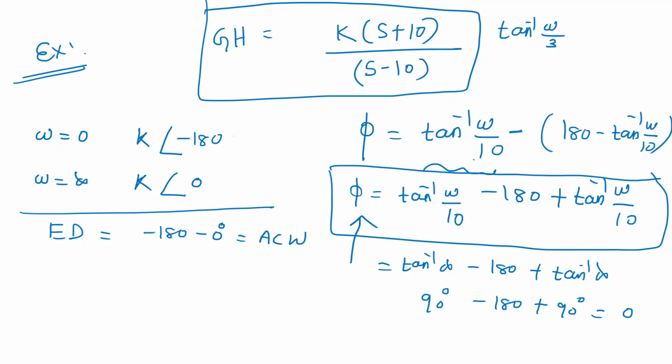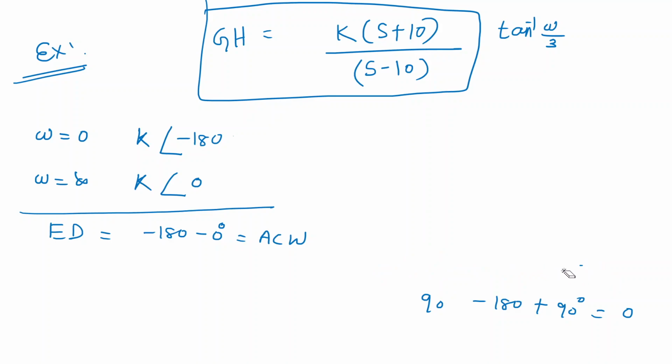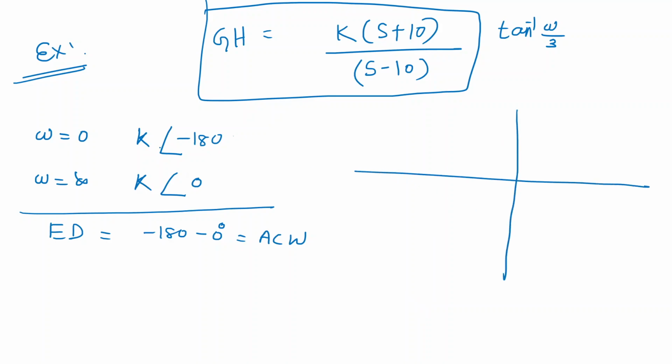If it is anti-clockwise, then you draw the polar plot. You have to start at omega equal to 0 here, because minus 180 degree you have to start. This value is K. You have to go anti-clockwise, like this.